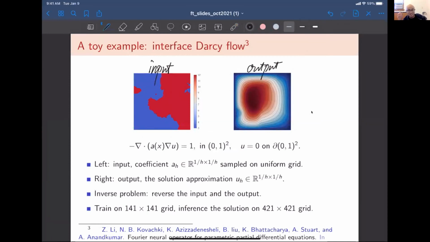This is out of my field, so I don't know how to express how shocked I was back then after I implemented it. Moreover, they call this zero-shot super resolution. It's a fancy name. We can use training data with lower resolution, and we do evaluation on a much higher resolution.